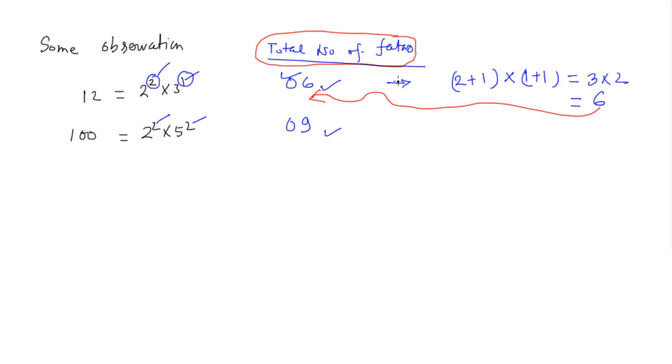Let us make it clear by taking 100. If this is correct, it should work here also. The successor of the exponent of 2 is 3 and the successor of the exponent of 5 equals 3.